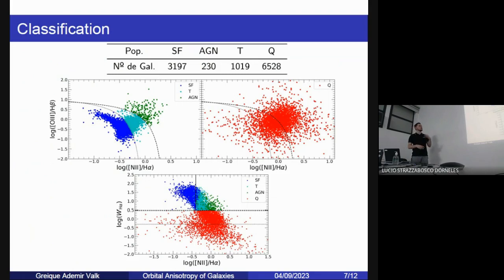Here is the number of galaxies classified in each category and the distribution of the galaxies in the BPT, in the upper panels, and the WHAN diagrams in the bottom panel.